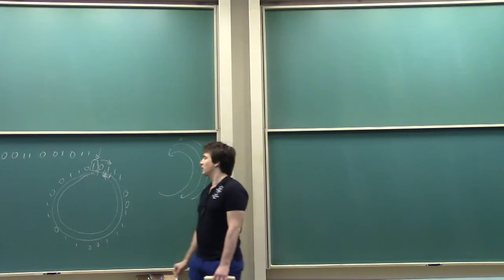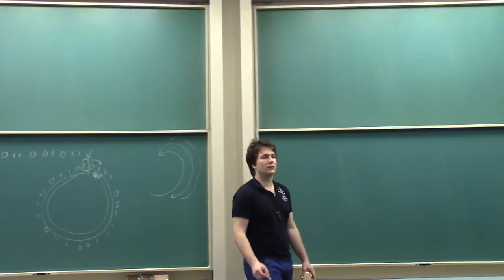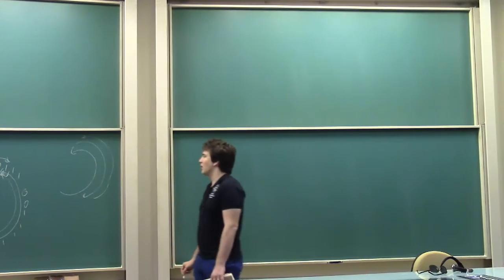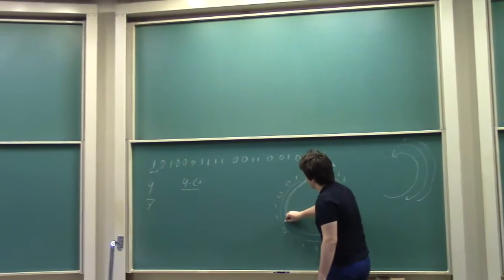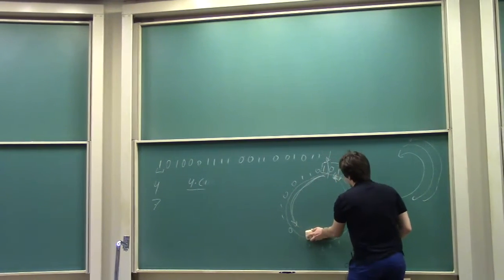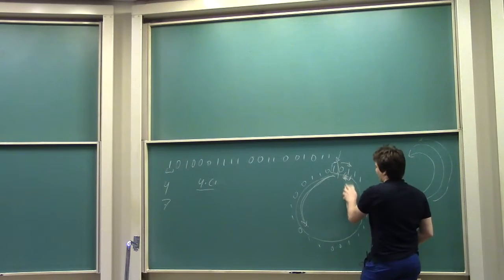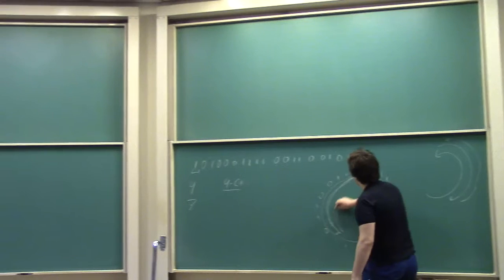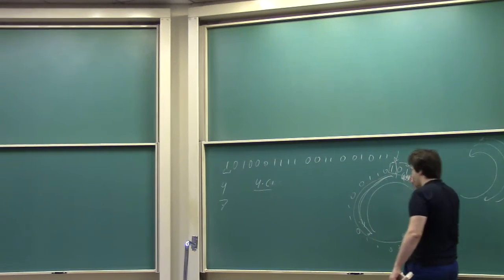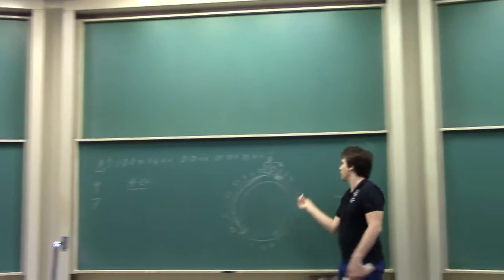And now, what is combining two rotations? That means up to some point I rotate counterclockwise, replace all the ones, and then I rotate clockwise. Oh, sorry, vice versa. This is counterclockwise, this is clockwise.